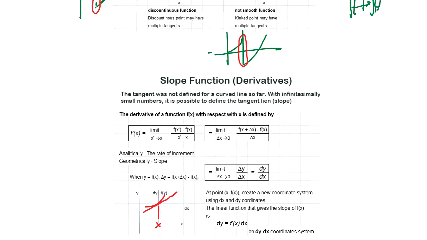So what we do is, the slope of this point is linear equation. We take the next point, then slope is going to be like this.